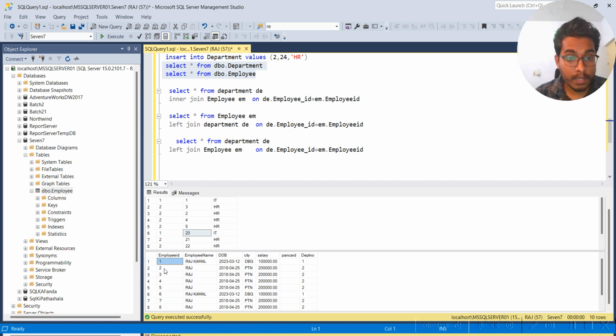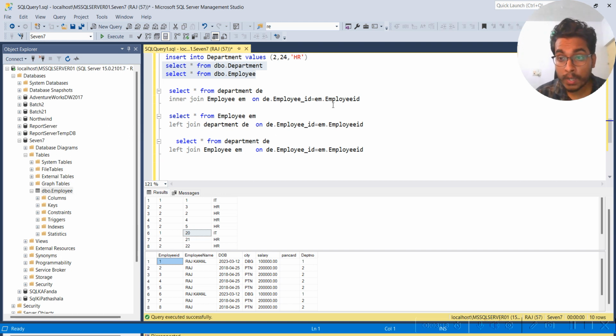So I was asked what will be the number of rows in left and right join, and then what are the values of those rows. So you can clearly see, and let me tell you, I'm going to discuss this from a generic perspective, although I had only two scenarios.